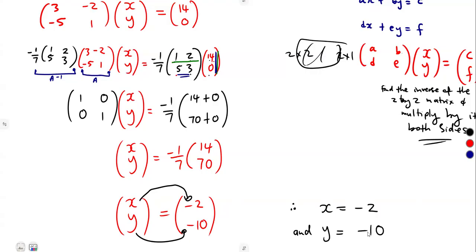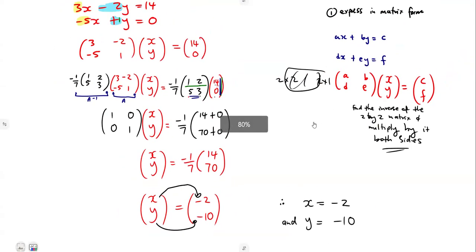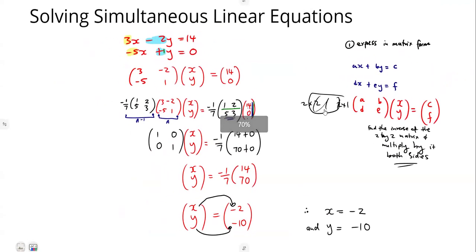So you can use this in solving simultaneous equations using the matrix method, using this idea. Like I said, make sure that the order is in this manner: ax plus by, starting with x followed by y, then the constant.